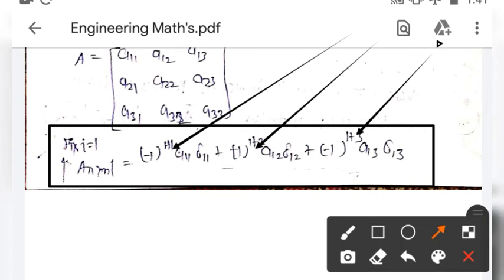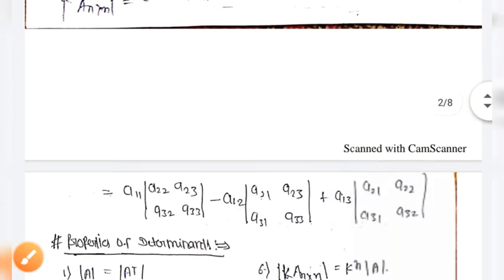If there is a fourth column, there will be one more term. Based on that, the sign will also change. For 11, minus 1 to the power 2 will be positive; minus 1 to the power 1 plus 3 means even... to the power of an odd number will be negative. Similarly, you just keep on writing.